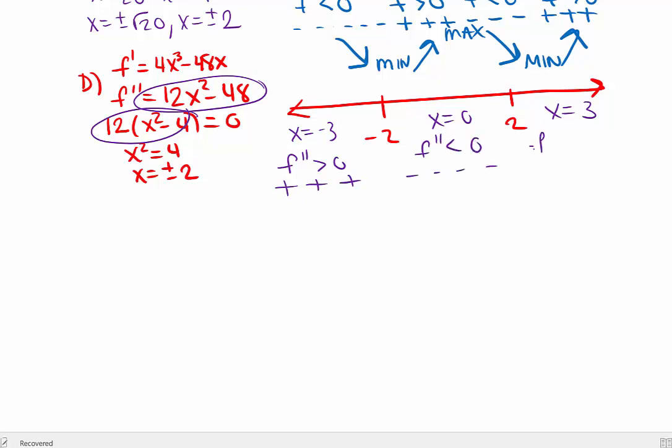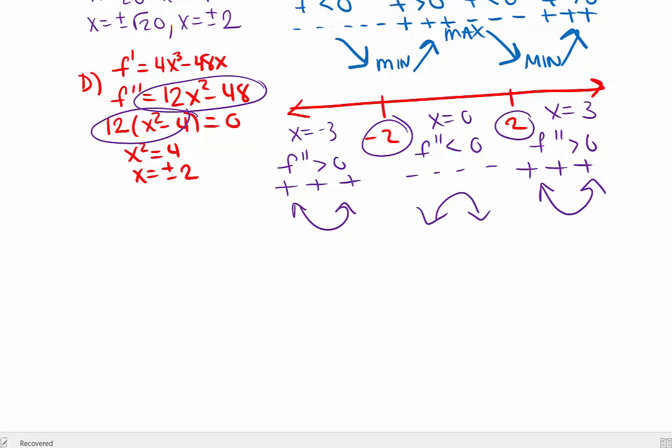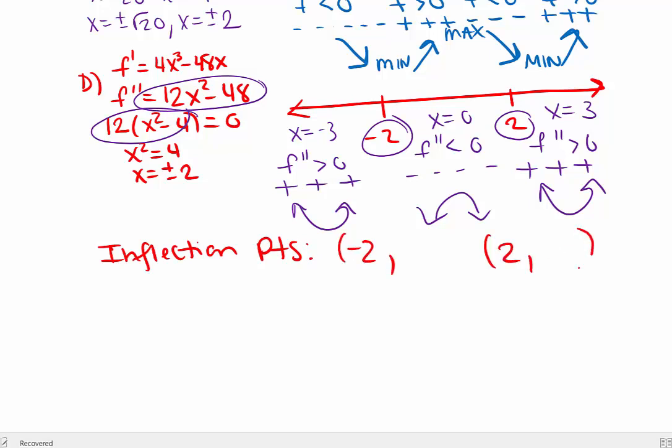And if I plug in x equals 3, I get a positive number again. That tells me the function is concave up, then concave down, then concave up. And these numbers, 2 and negative 2, are my inflection points. So I have inflection points when x is negative 2 and when x is positive 2. The y-coordinates of those inflection points, if I plug those into the original function, are 0.